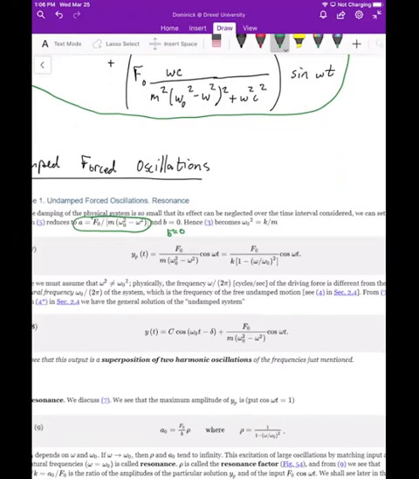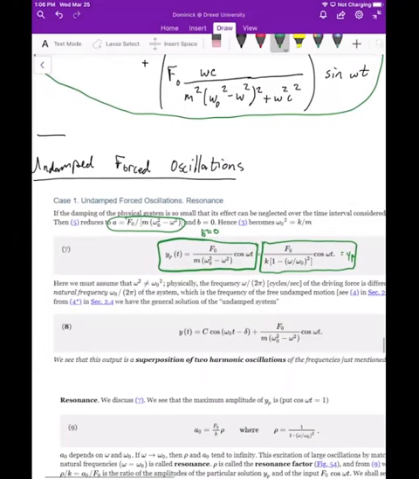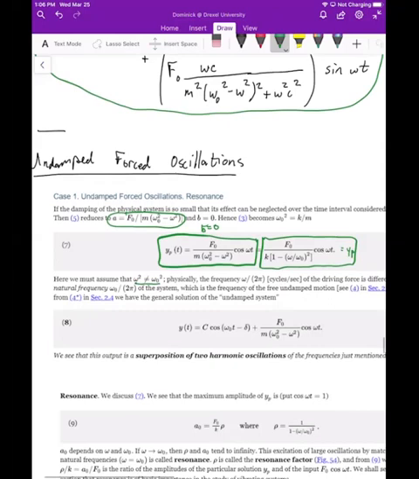And then that allows us to say that our particular solution is given by these two forms here. Now of course, in order for this to be valid, we would need that omega squared is not equal to omega zero squared, all right? So that we have something that's valid there.